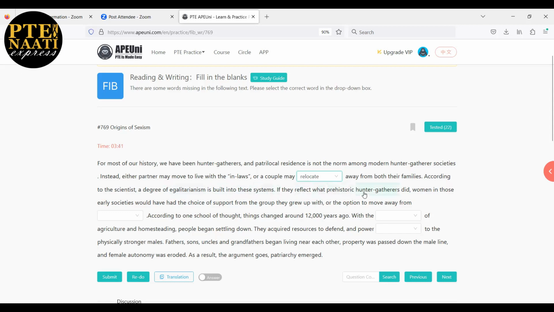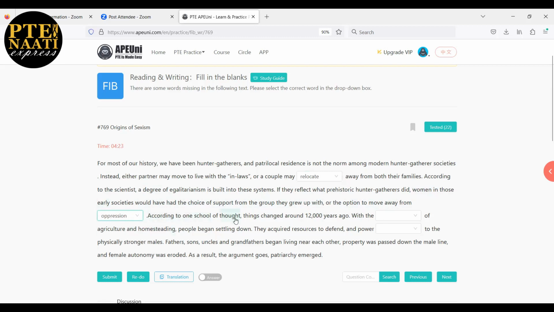If they reflect what prehistoric hunter-gatherers did, women in those early societies would have had the choice of support from the group they grew up with, or the option to move away from oppression.